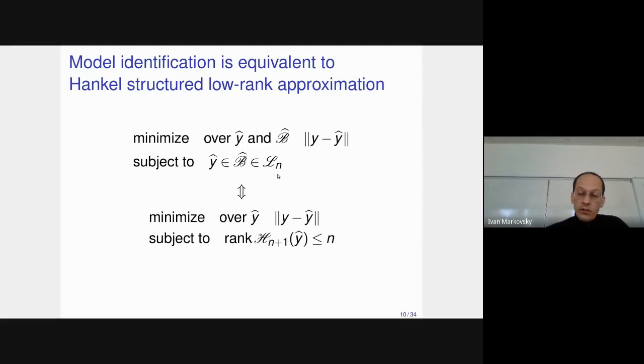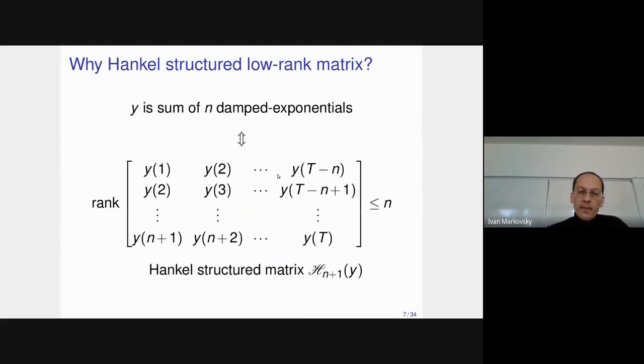And as I showed a few slides back, we have this equivalence that if we have such a signal, which is sum of damped exponentials with n exponents, equivalently, we can write this constraint, y is an exact trajectory, in the form of a rank of the Hankel matrix constructed from y with n plus 1 rows is equal to n.